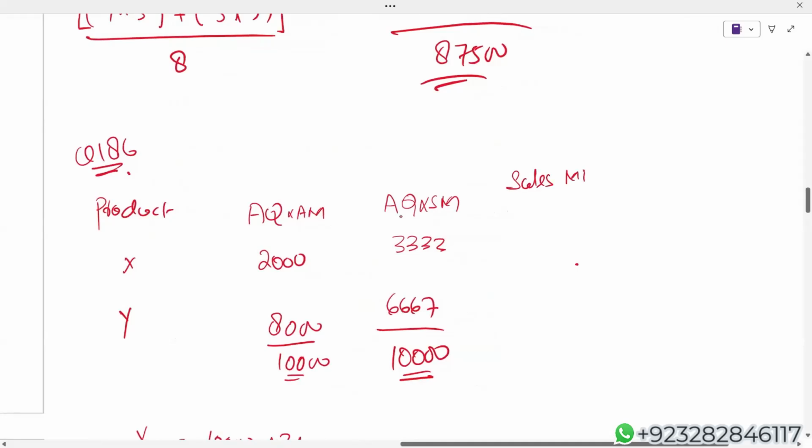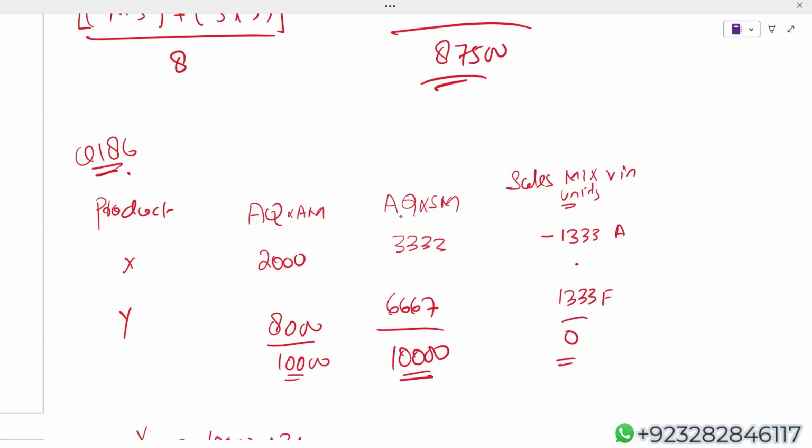Sales mix variance in units. Logically, the first one is adverse. Your actual units are less than what the standard says, so minus 1,333 adverse. And Y is favorable, exactly 1,333 favorable. The total has to be 0, we know that.